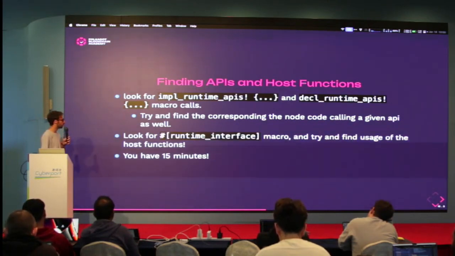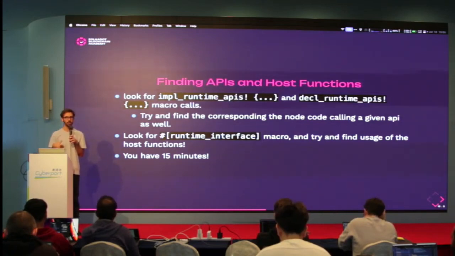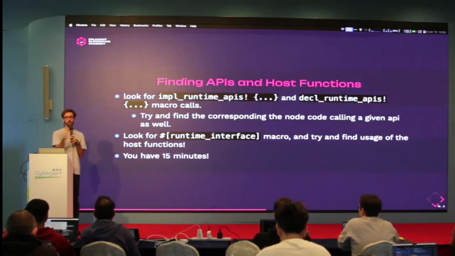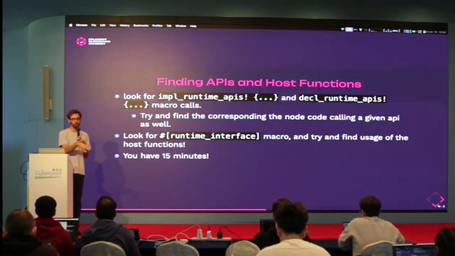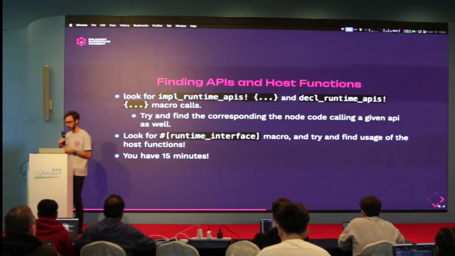Explore this for 15 minutes, and we expect you to find concrete examples of the things we talked about. Look for the runtime API that executes blocks or authors blocks or does transaction pool validation, or see if we can find the host function that updates the state. All right, good luck, and I'll be walking around helping.